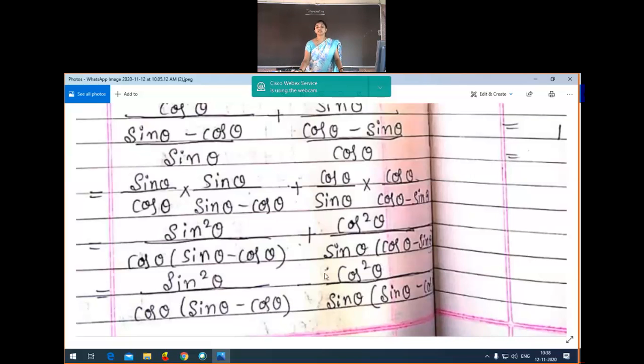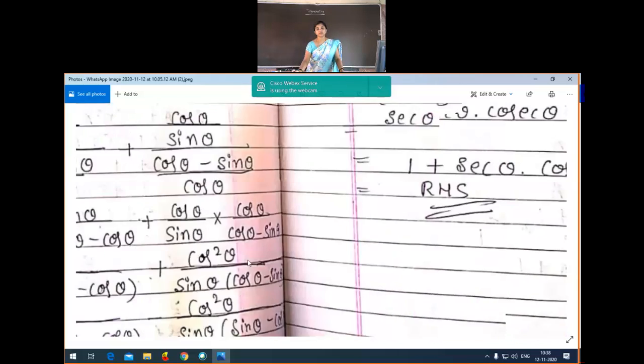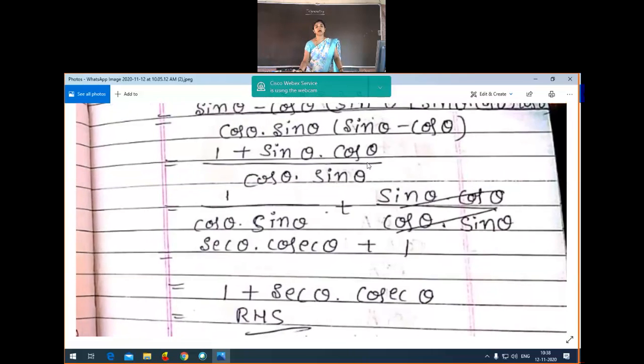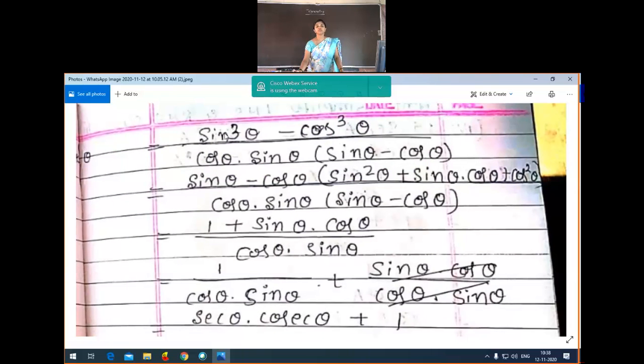Then here cos square theta is there. Here sin theta into sin theta minus cos theta is there. So here cos theta is missing. So you have to multiply that cos theta here in the numerator. Then cos square theta becomes cos cube theta. Is that clear, students? Therefore, here in the numerator, sin cube theta minus cos cube theta divided by LCM is cos theta sin theta into sin theta minus cos theta.